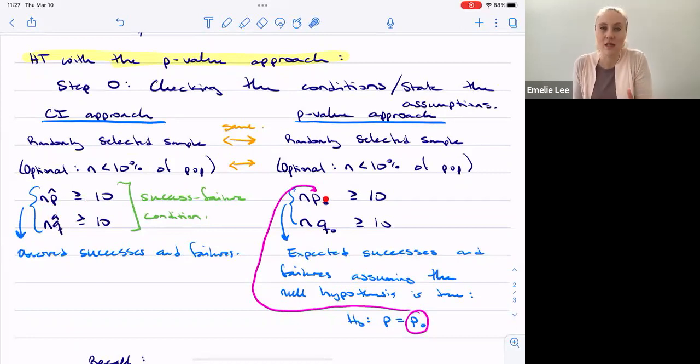And same thing, do you have 10 expected successes and 10 expected failures from your null hypothesis, right? So as soon as you have stated your null hypothesis, then you can check all the conditions, right? And that's the safest way to play it.